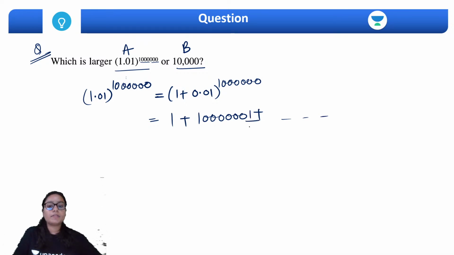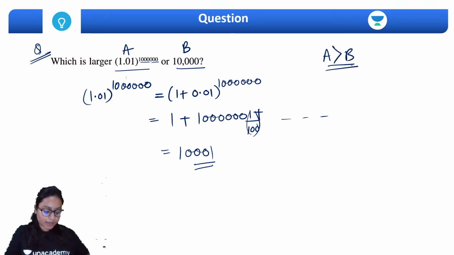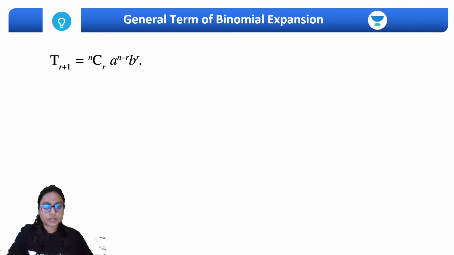So this term will be 1 upon 100 as well. Two zeros will be cancelled off, but I will get 1. So therefore A is greater than B. Alright, similar logic, correct. Prakhar, your answer is right. Let us continue to the next question.